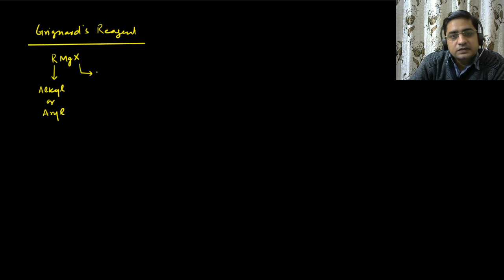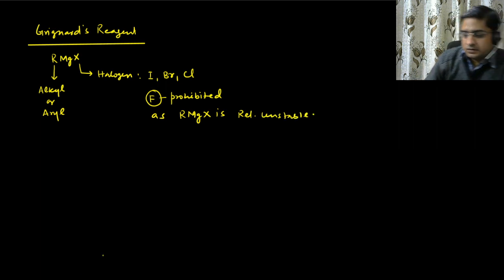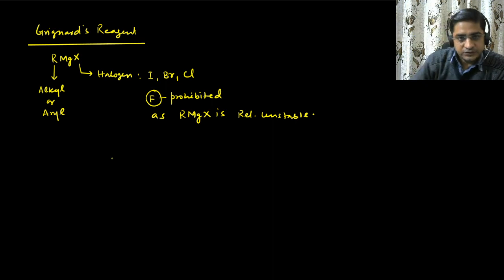X is here a halogen atom, preferably iodine, bromine, or chlorine. Fluorine is prohibited as RMgF is relatively unstable. Why it is unstable, we will discuss later in this video.